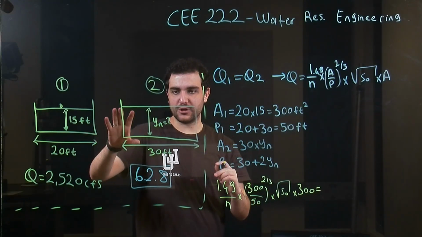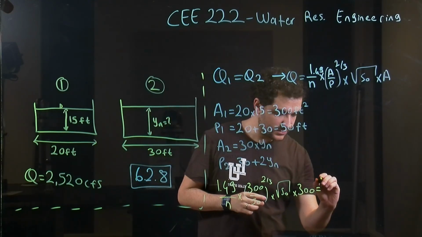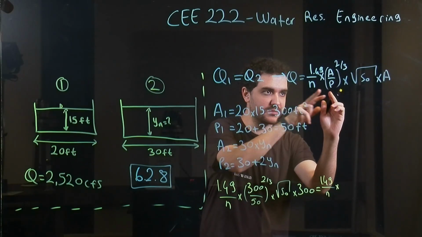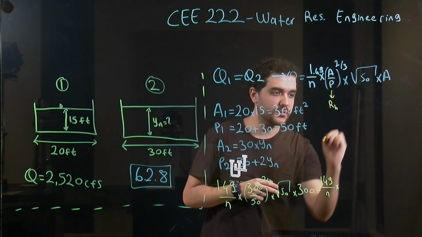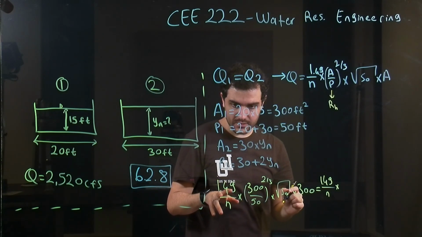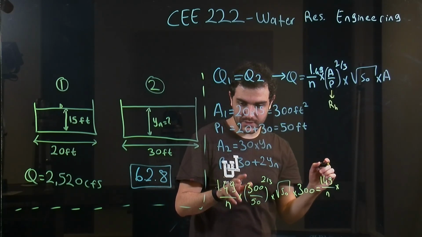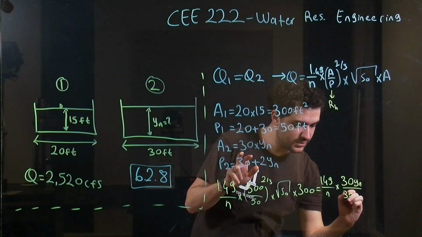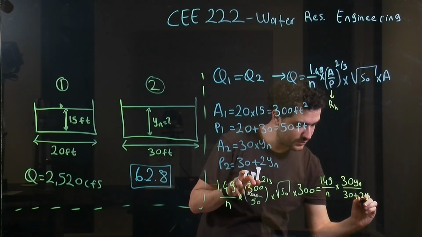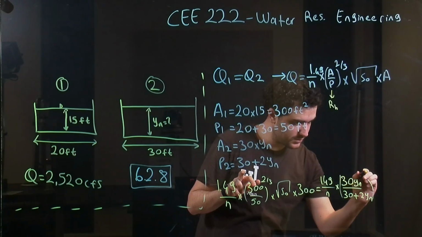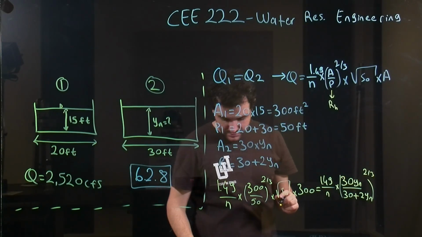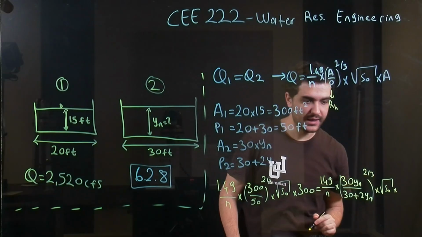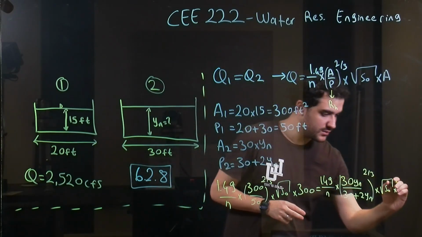This is equal to the flow rate in the second channel. So similarly, we have 1.49 over n, hydraulic radius 40 yn over 30 plus 2yn, and we have channel slope, and we have area, which is 30 yn.